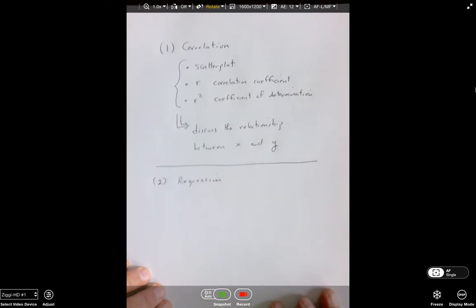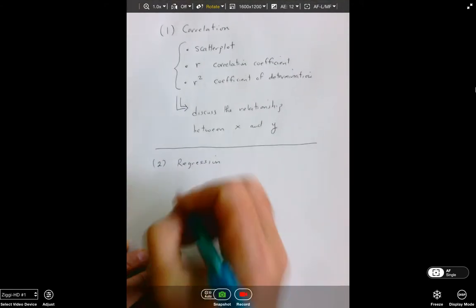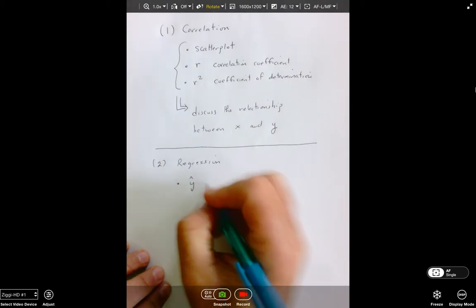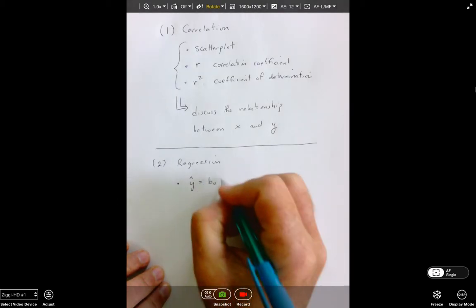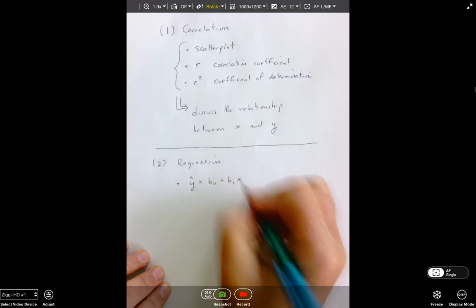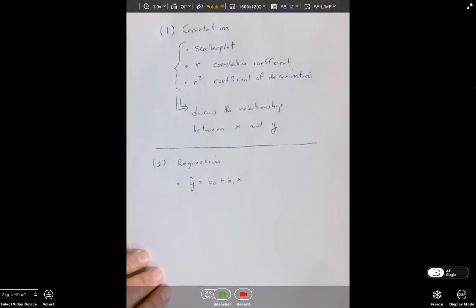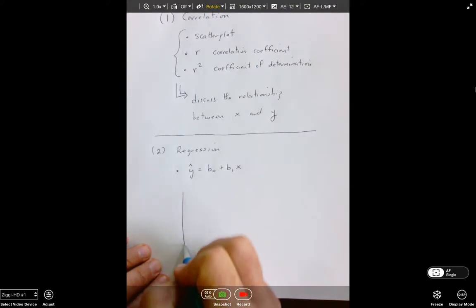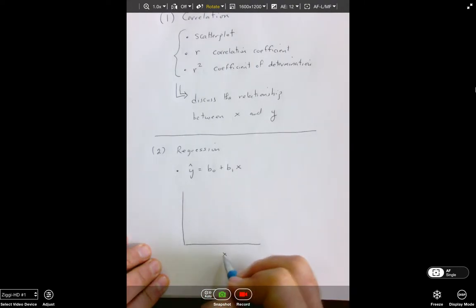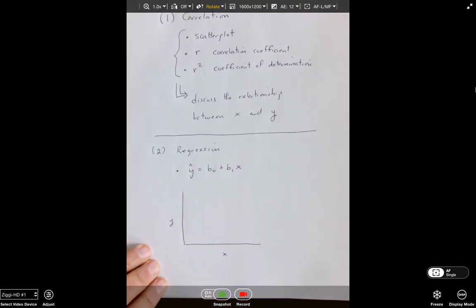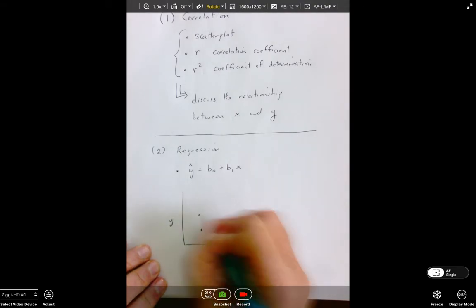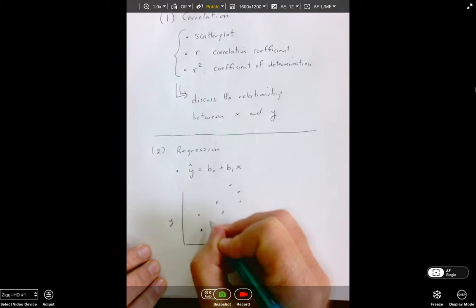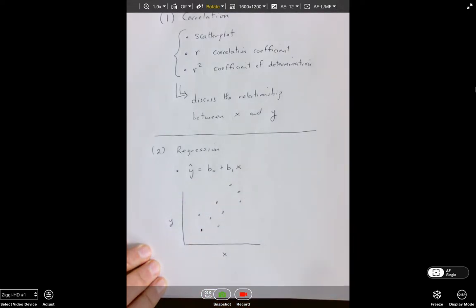is called regression. The key component of regression is our line of best fit, our regression model. We'll see here in a minute that we can look at a scatter plot between X and Y, and we'll learn how to find and plot our data points.